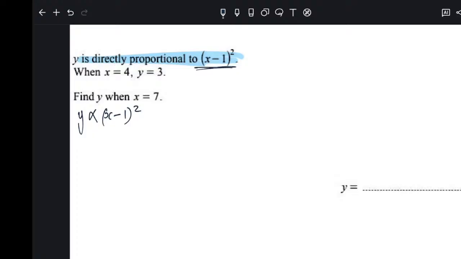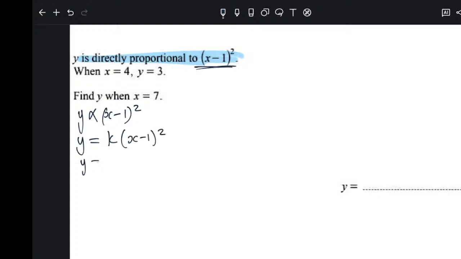What good steps. Then now remove that fish of theirs. Put an equal sign. So you say y is equal to, when you put an equal sign, the right side now gets a k, k multiplying x minus 1 all squared. Now that you have your k, you go and read this statement.